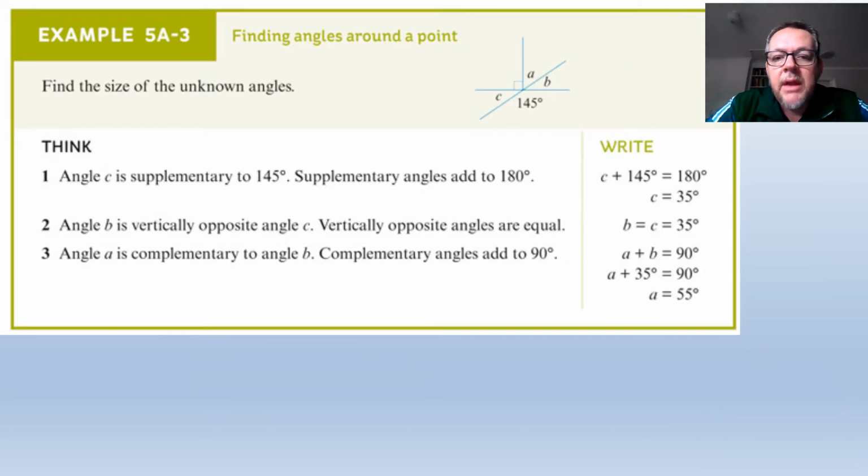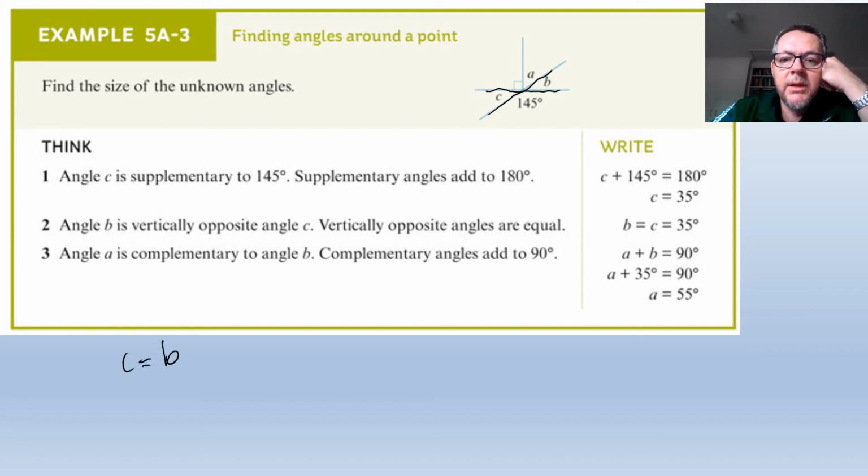Now let's have a look at the size of the unknown angles. And we can work through a variety of different ones. So let's have a look, first of all, at what's going to be easier to do. We've got A, that, and that. We know that C equals B. What else do we know?